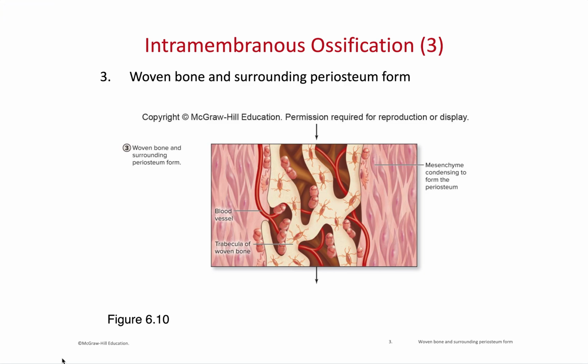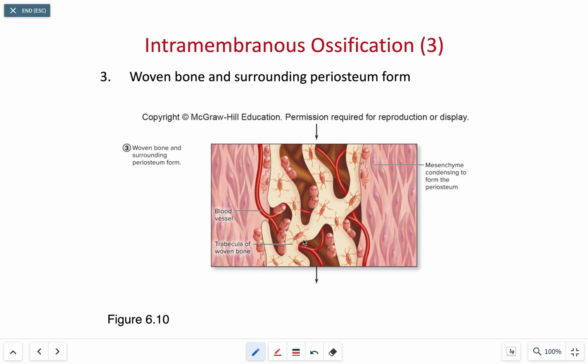In step 3, some particular areas that we're going to look at first is going to be the mesenchyme. So the mesenchymal cells are going to aggregate or are condensed to form the outer layer, which is known as the periosteum. So we're going to see a series of mesenchymal cells aggregating towards the outside.